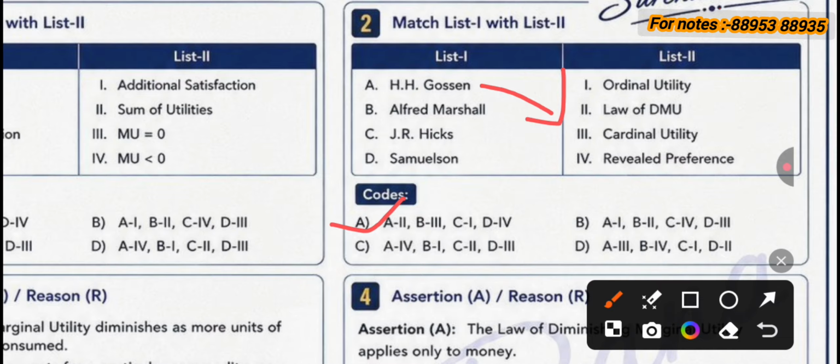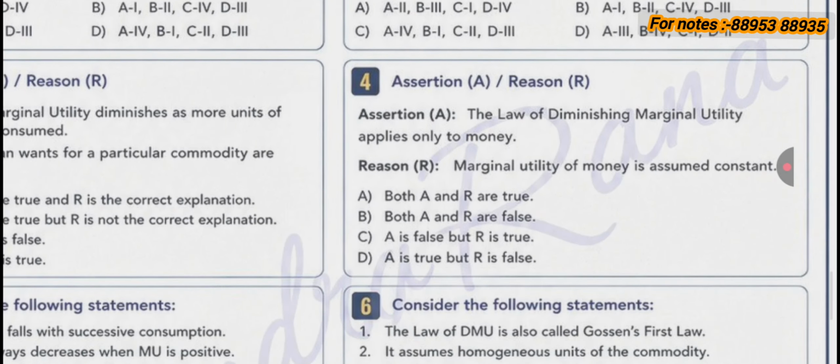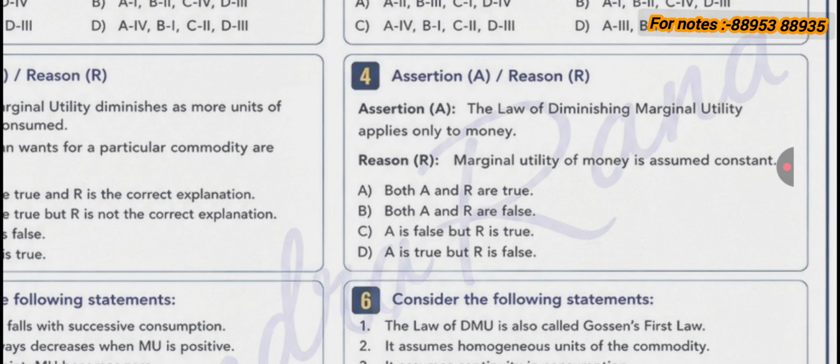Alfred Marshall introduced cardinal utility theory. J.R. Hicks introduced ordinal utility theory, and Samuelson introduced revealed preference theory. Very easy question, guys. Now move to the next question, which is again assertion and reason.